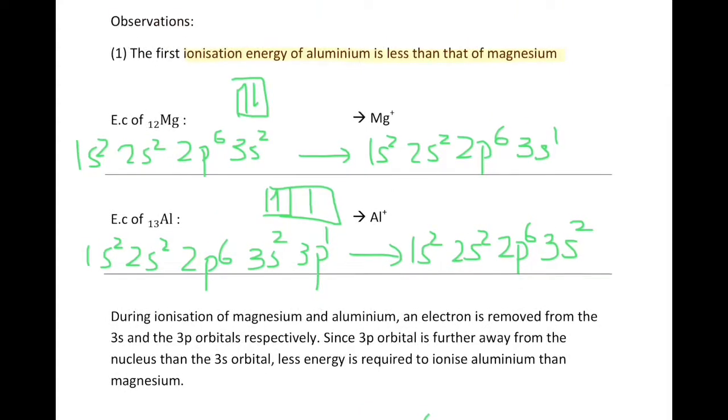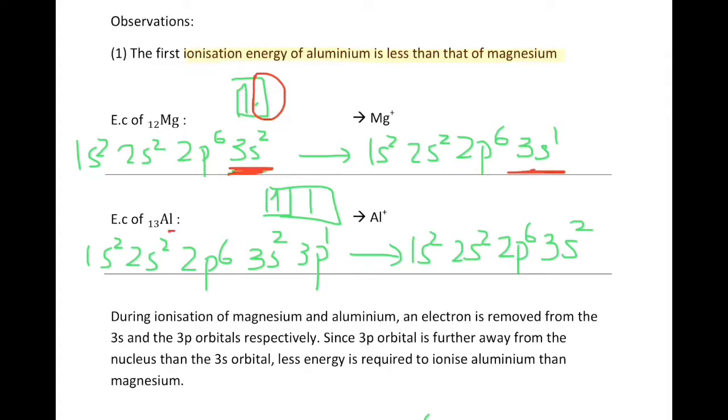So see the electronic configuration. When you look at magnesium, the electron is being removed from the outermost shell, which is the 3s orbital. So this is the electron that's going to be removed, and you end up with 3s1.